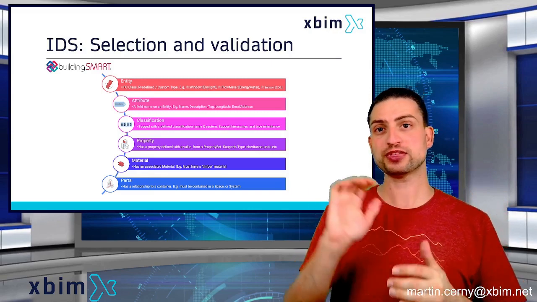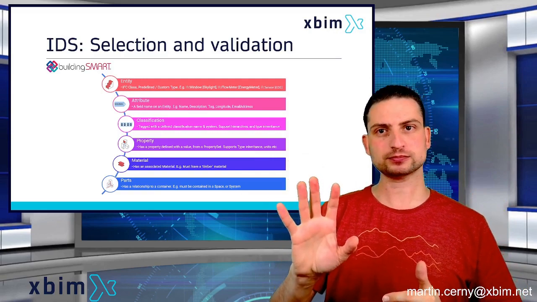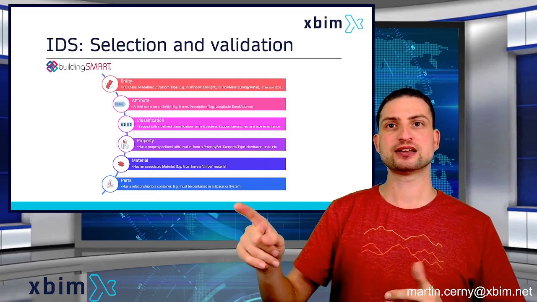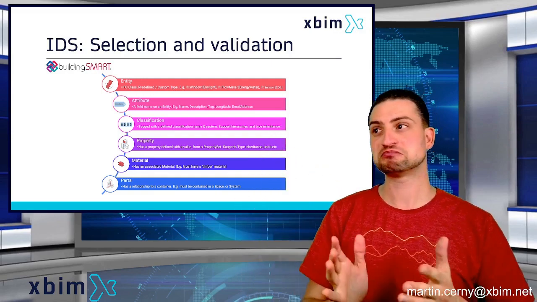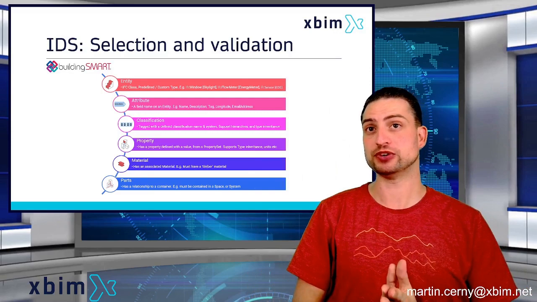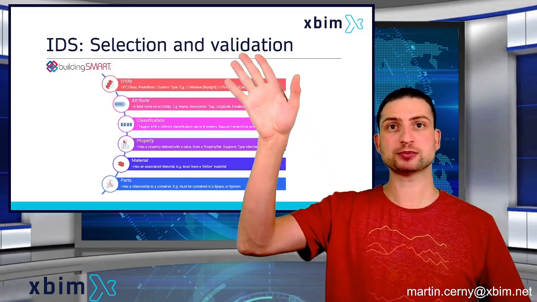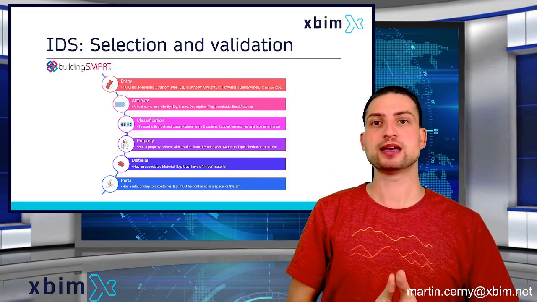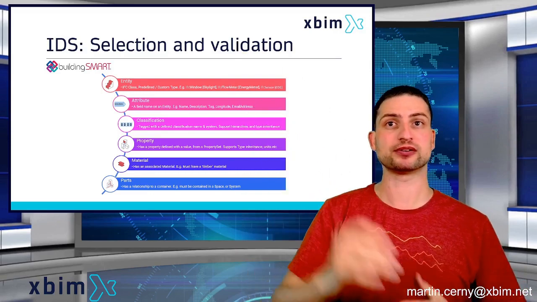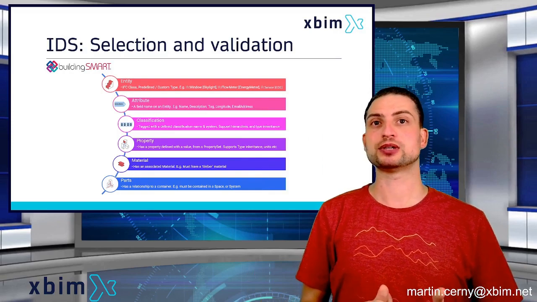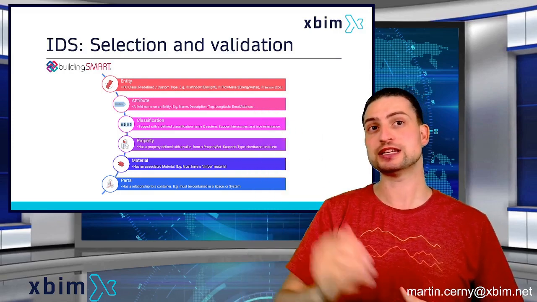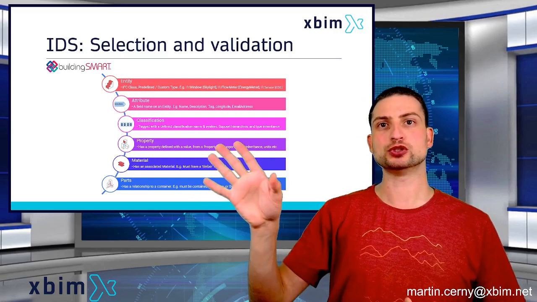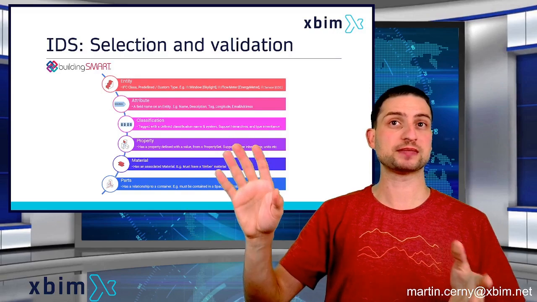So for both selection and validation, you can use one of these six, they call them facets, these six types of queries. So first is the entity type, that is a door, a window, a floor. You can use attributes. These are things like name or description. You can use classification, which is an independent concept in IFC. You can use properties, both for selection again and for validation.